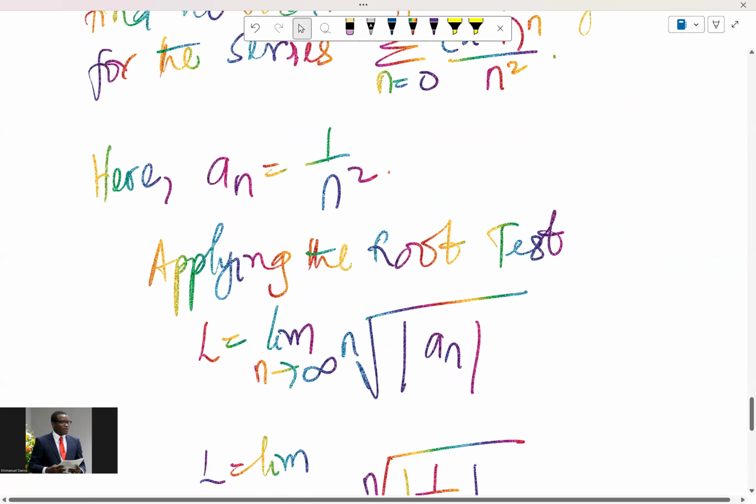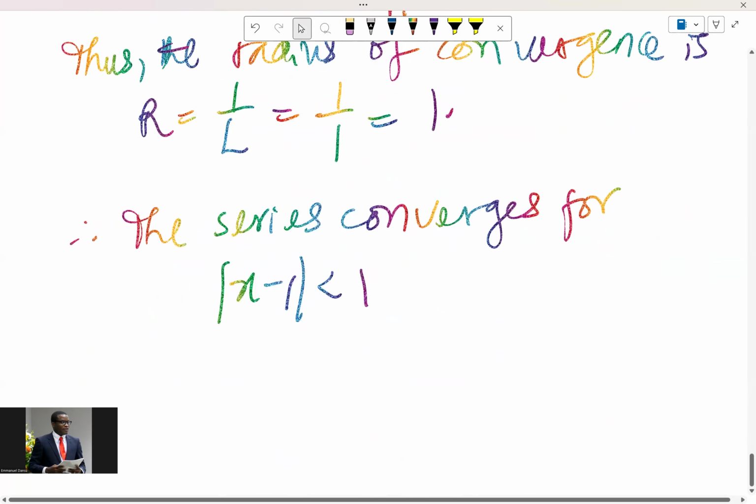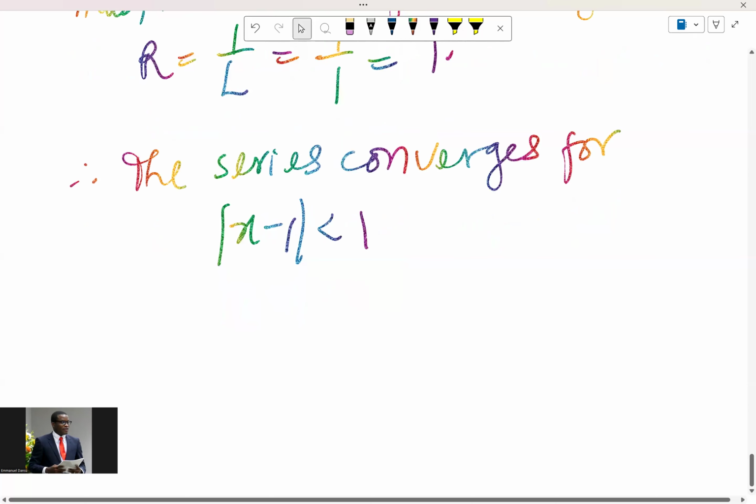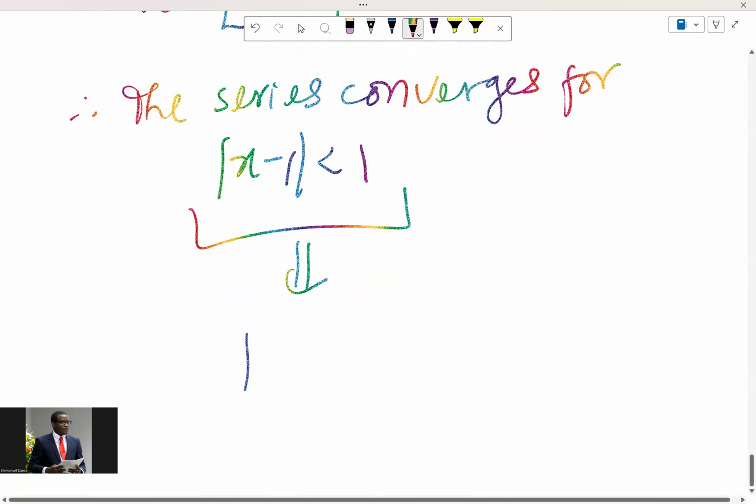If you want to simplify this, that's like saying absolute value of x minus 1 less than 1 is the same thing as minus 1 is less than x minus 1 is less than 1.